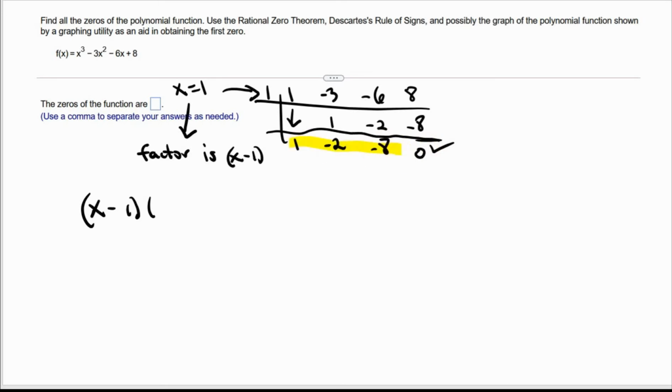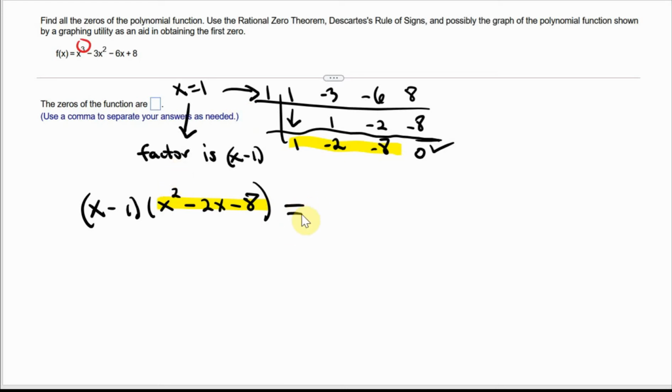We list those coefficients with the polynomials. That becomes 1 times x squared minus 2x minus 8. Remember, this term here is always 1 degree less than where we started because we did a factor. So you took out a factor, that is, you divided by a linear term.